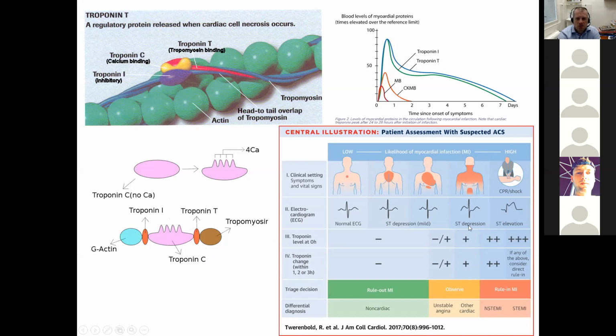And here you can see how these days the increased levels of troponin are part of the diagnostic scheme for assessing patients with acute myocardial ischemia. Together with the electrocardiogram and clinical symptoms, it's part of the decision process.